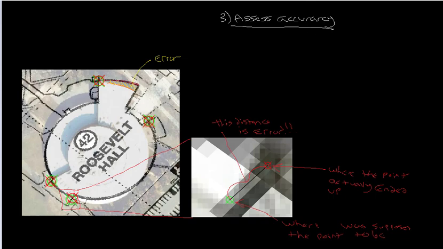So broadly speaking, when I say error, it's the distance between where a point should be and where it ended up.